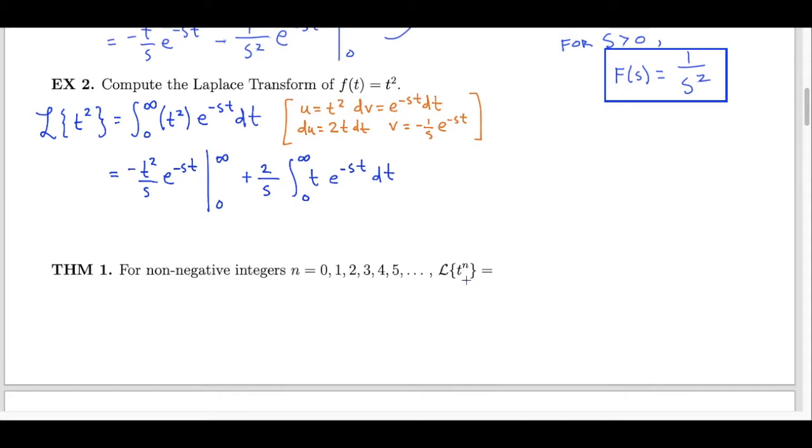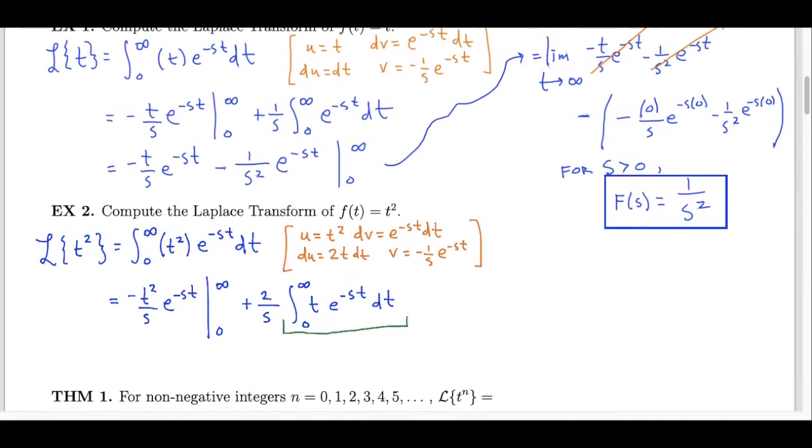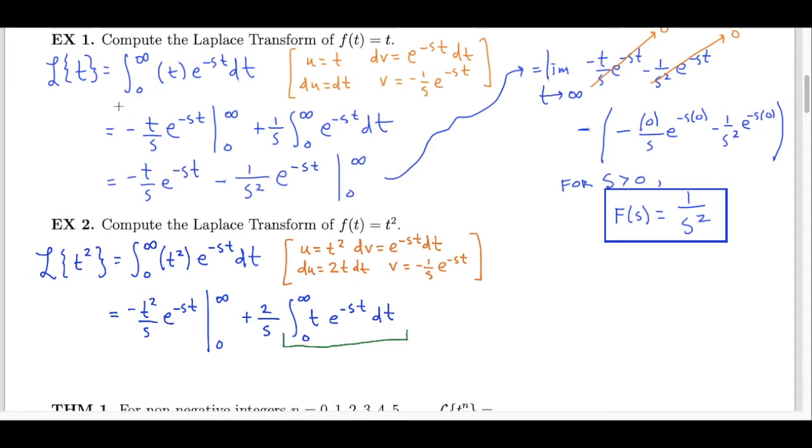Now, in my previous problem, I went ahead and evaluated this integral fully before trying to deal with bounds, but there's actually a little trick here. If I look at this integral, that integral seems familiar. In fact, if I scroll up, that is exactly the integral that I started the previous problem with. That is to say, this integral, the integral from 0 to infinity of t, e to the negative st dt, is the Laplace transform of t.